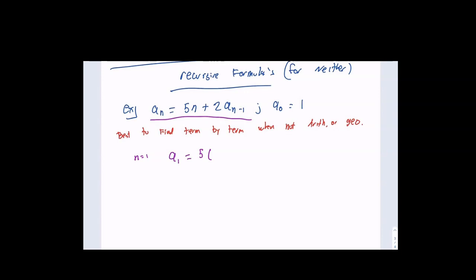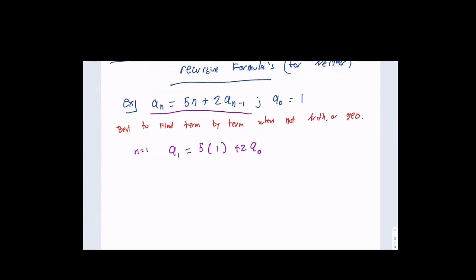Well, 1 minus 1, but I'm just going to go to 0. In reality, I should have written 5 times 1 plus 2 times A0, and it turns out to be 1, because A0 was 1 in this problem.